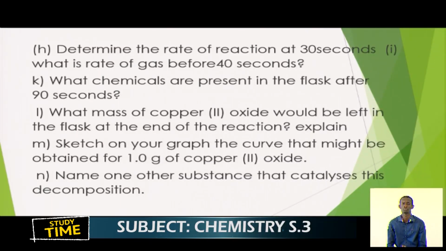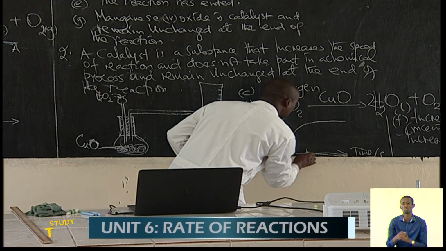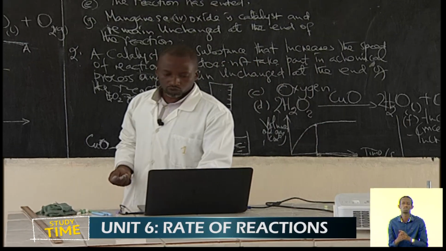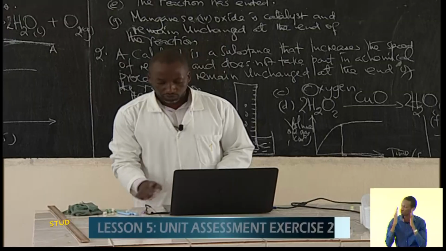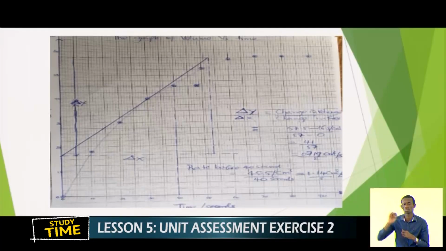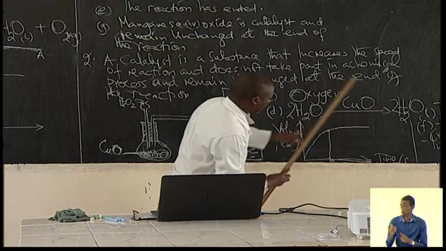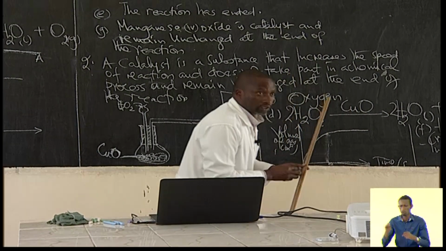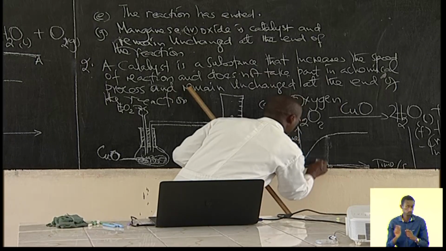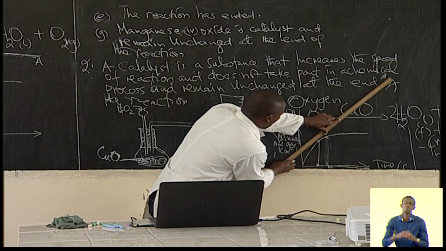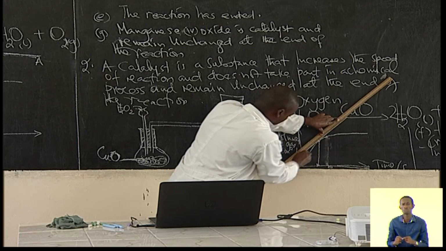So you determine the rate of the reaction at 30 seconds. You remember I said if you have 30 seconds here, then you move from 30 seconds. Looking at the sketch graph, if this is 30, you draw a straight line up to the curve, and then draw a tangent line.